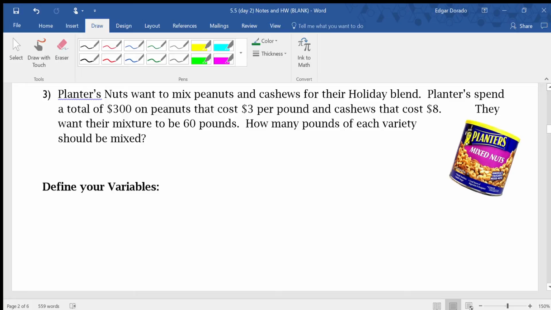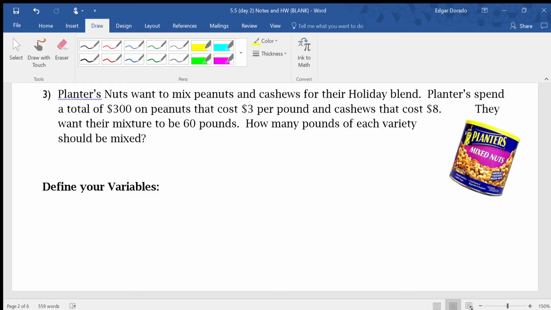All right, so let's go ahead and read the scenario, see how we can identify our variables and our equations. So it says Planters Nuts wants to mix peanuts and cashews for the holiday blend. Planters spend a total of $300 on peanuts that cost $3 per pound and cashews that cost $8.